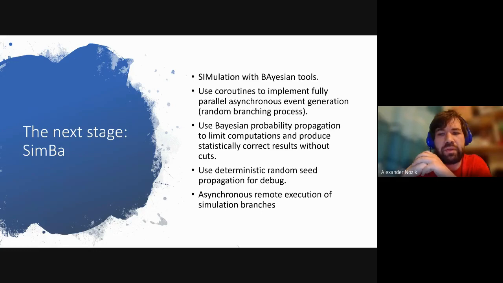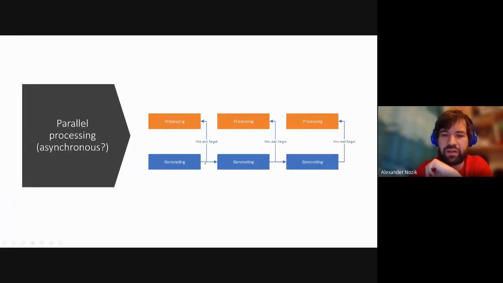And the idea is to use coroutines, asynchronous streams and coroutines, to implement a fully parallel asynchronous event generation. It includes a little bit more complicated and sophisticated mechanism which I call random branching process, because here we have one event generating one event, but in particle physics, usually you have one event generating a random number of events.